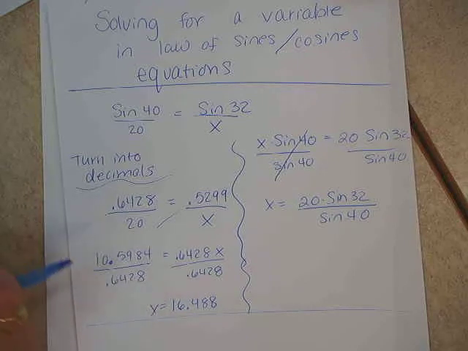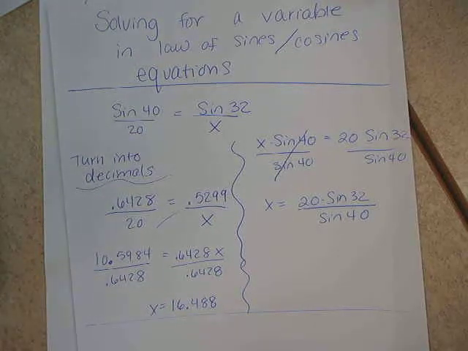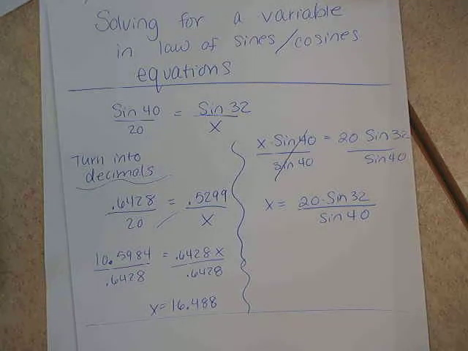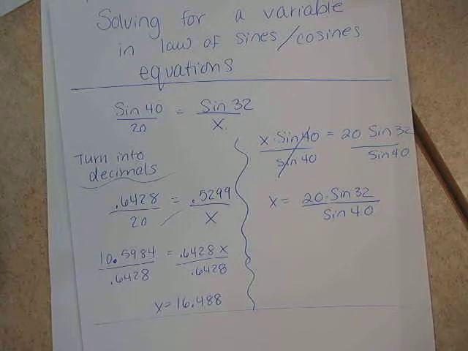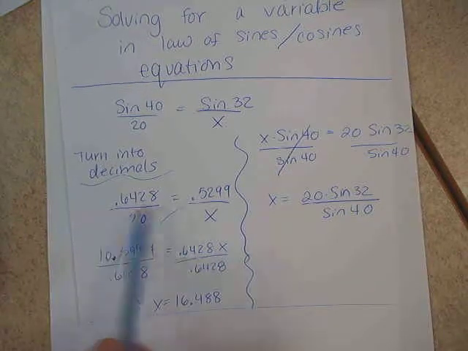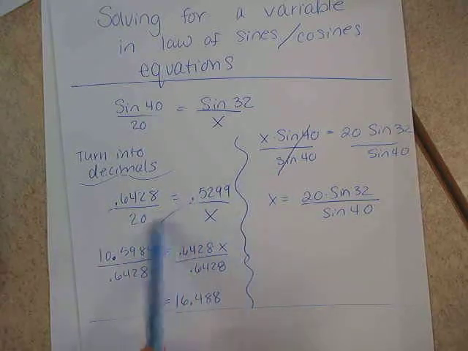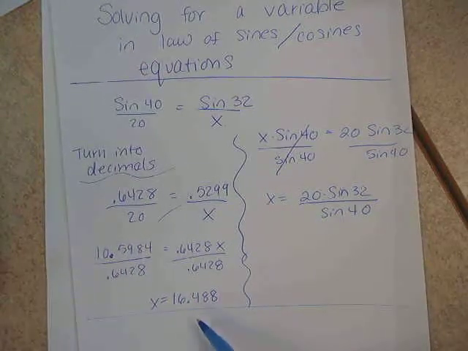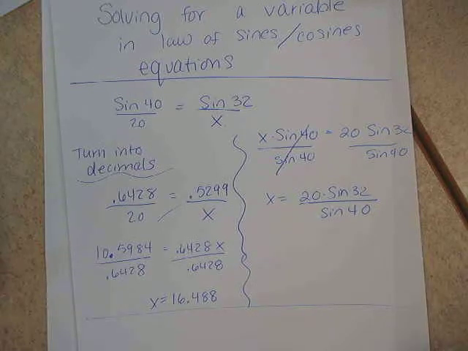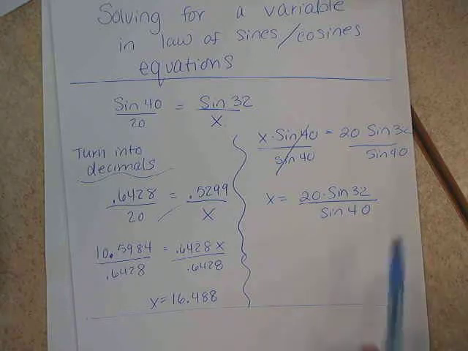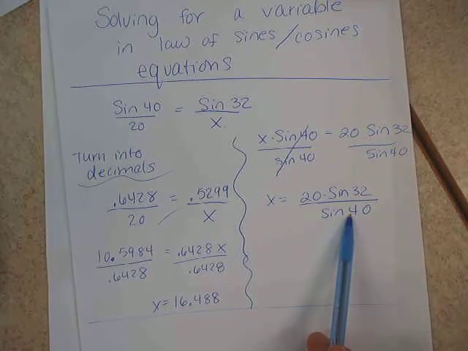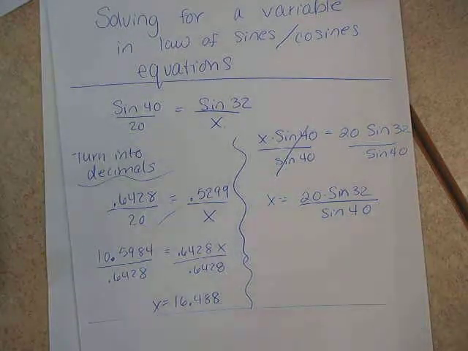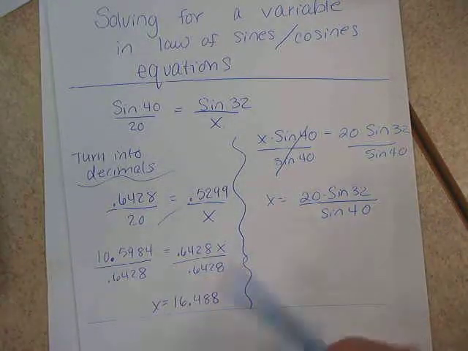But if your calculator will allow you, 20 sine of 32 divided by sine of 40 gives me 16.4881, so it's coming out with what we have here. So I would say, to be on the safe side, if you're going to turn these into decimals, keep it at 4 decimal places, rounding appropriately, and you should come up with the correct rounding at the end as well.